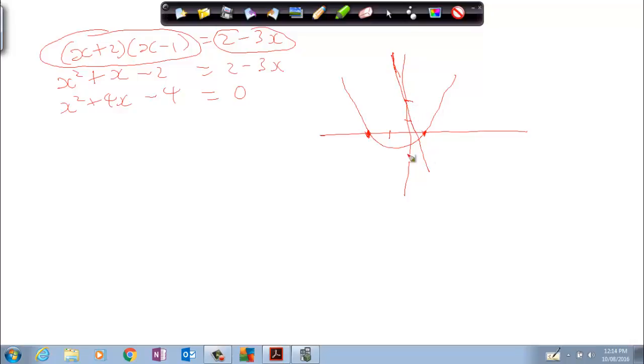And we're interested in where it intersects. And we can see that the answer is this value here. We want to know what that value is. Where do they intersect? We've actually rearranged this equation into another equation, so the answer to that is exactly the same as the answer to this.